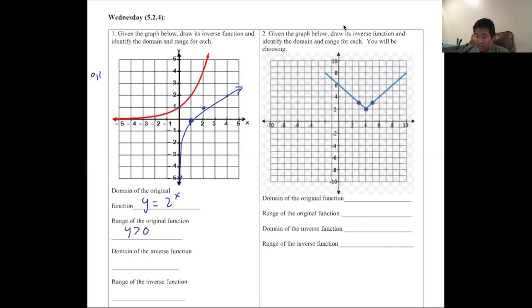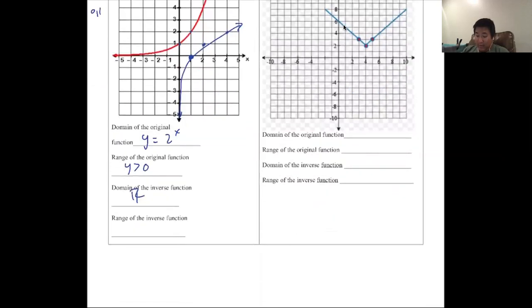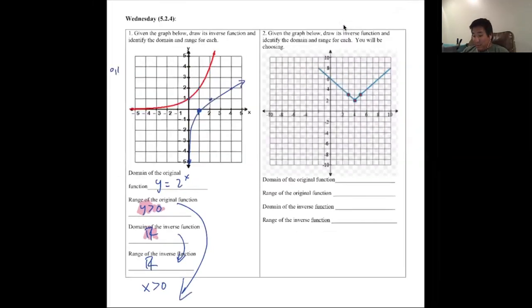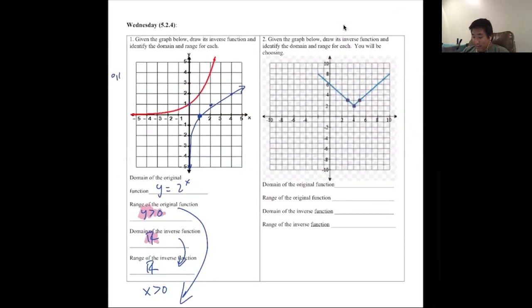The domain is all real numbers. The range of the inverse is all real numbers. And then the domain is x is greater than 0. And if you notice, these two switch because you switch x and y. Pretty cool, right?